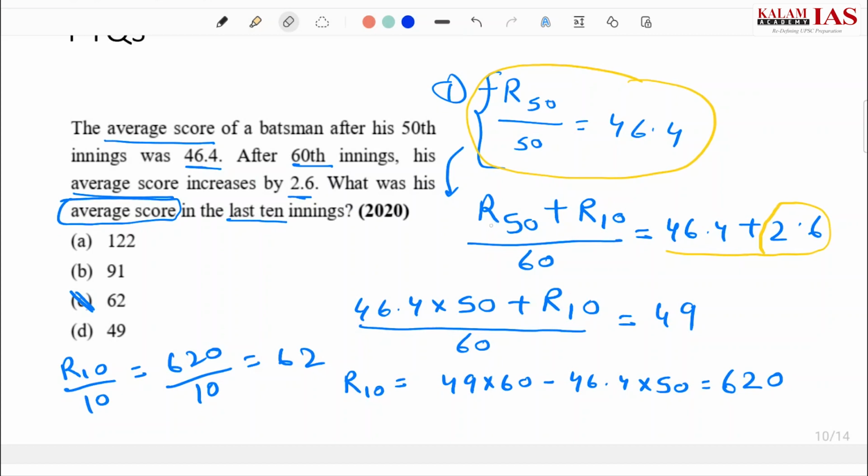So the runs scored in 50 innings plus runs scored in 10 innings, and the average of all 60 innings is equals to 46.4 plus 2.6. Now we substitute the value of R50 from the first equation and get the value of R10, that is number of runs scored in the last 10 innings. The average in the last 10 innings is 620 by 10, that is 62.